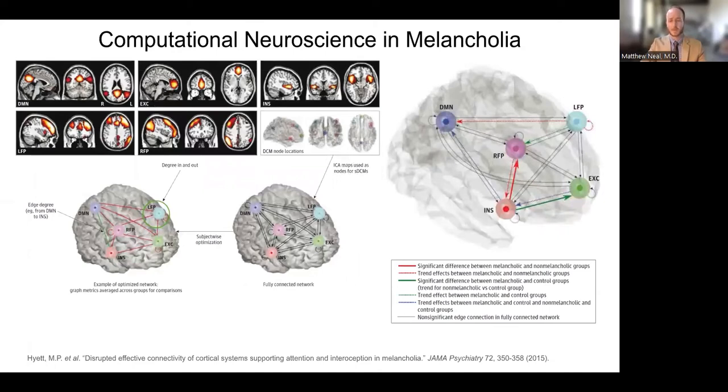They also found significant differences between both sets of depressed patients, right? So the melancholic patients had a different sort of dysfunction than the non-melancholic patients, which is really cool because it's essentially showing more evidence, but more objective, quote unquote, evidence that these two different types of depression are actually two different disease processes.